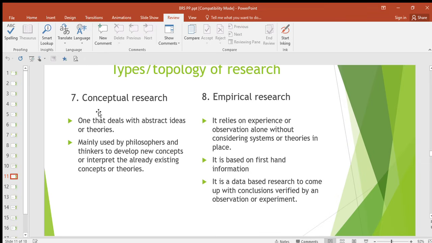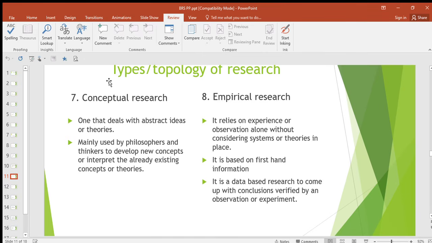So this is done by philosophers, people who want to find out things. People like John Keynes. It deals with abstract ideas or theories, and it's mainly used by philosophers and thinkers to develop new concepts or interpret the already existing concepts or theories.